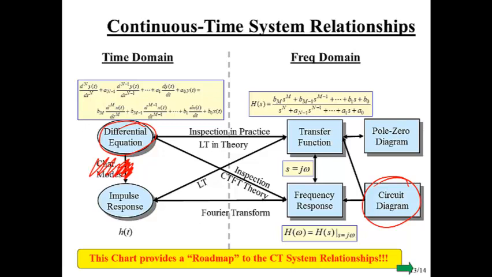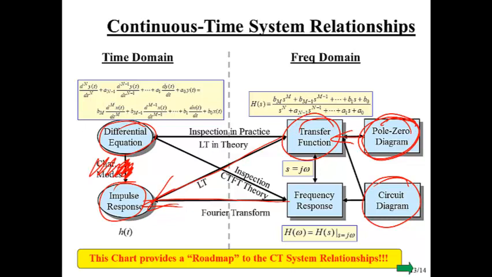But what we did see is that we can get the impulse response either from the frequency response or the transfer function by doing inverse transforms. From the transfer function, we can get the pole-zero diagram. From the pole-zero diagram, we can get the transfer function up to a multiplicative constant out in front, but you can at least get the basic shape and basic idea of the transfer function.